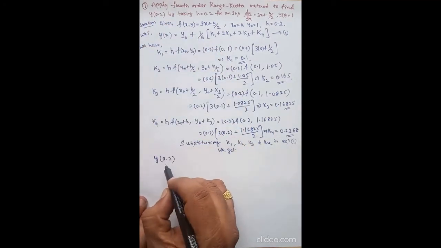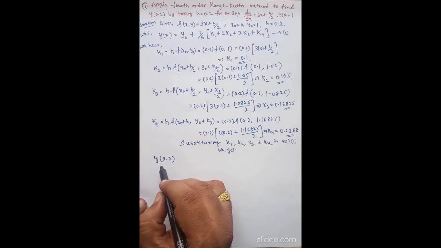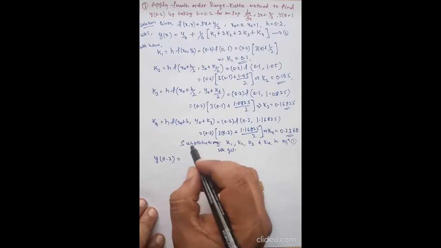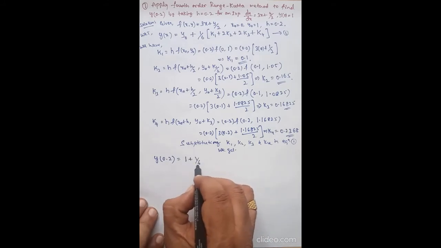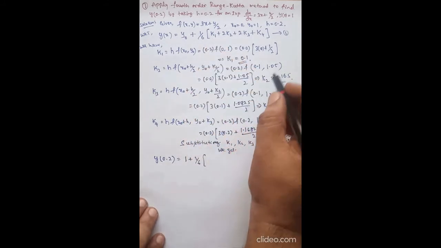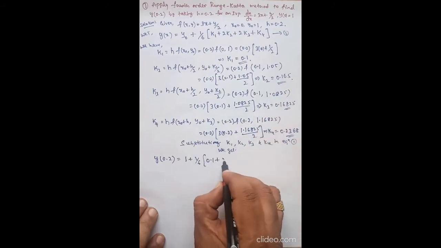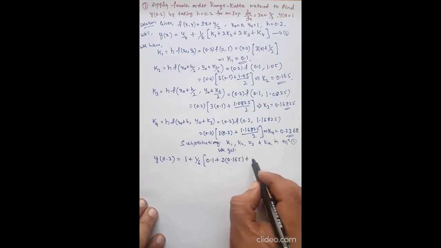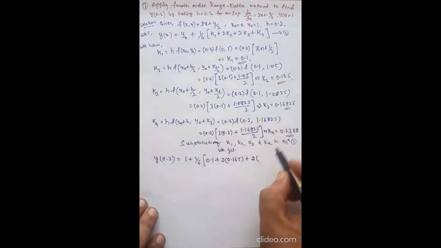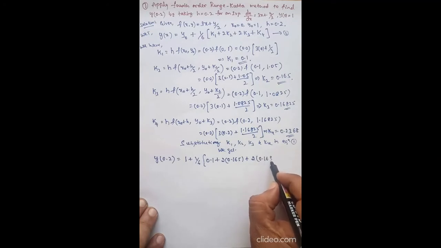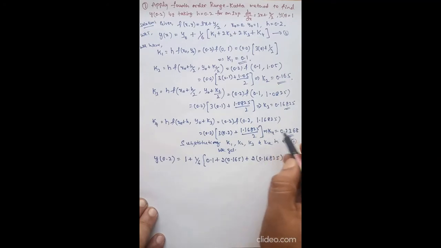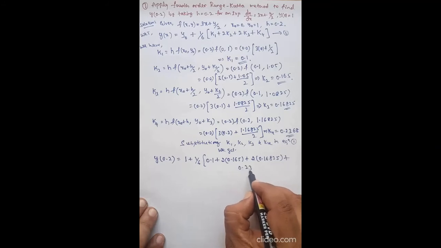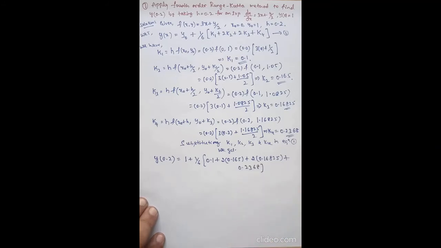The value, the point at which the value of y is to be estimated. Y of 0.2 equals y0. What is y0? 1 plus 1 by 6 into first term K1. What is K1? 0.1 plus 2 into K2. What is K2? 0.165 plus 2 into K3. What is K3? 0.16825 plus K4. What is K4? 0.2368. So all the values are substituted.